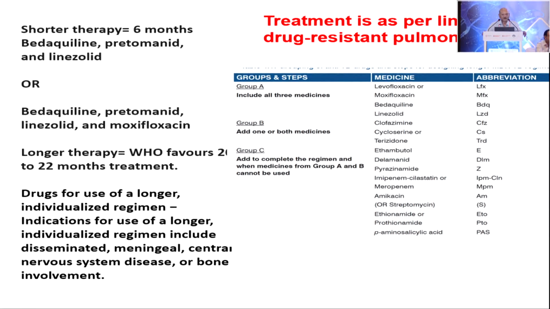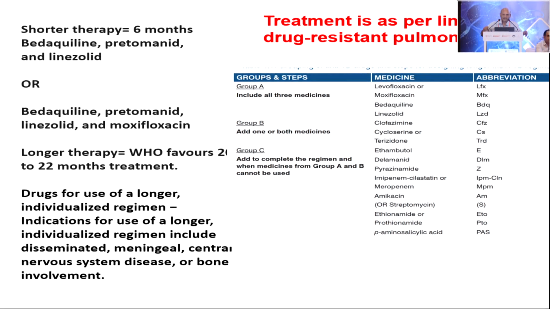As far as the National Tuberculosis Elimination Program of the Government of India is concerned, there are 3 groups of drugs: Group A, Group B and Group C. We have to utilize these drugs from these groups to make a regimen for pulmonary tuberculosis, and the same regimen for drug-resistant tuberculous meningitis. There are various kinds of regimens, shorter and longer.